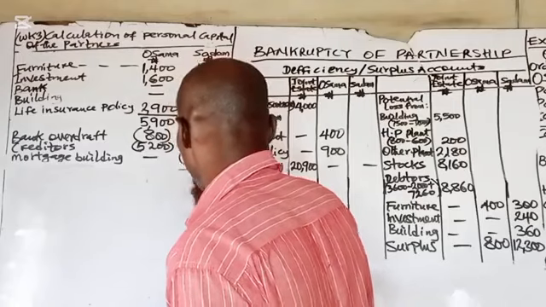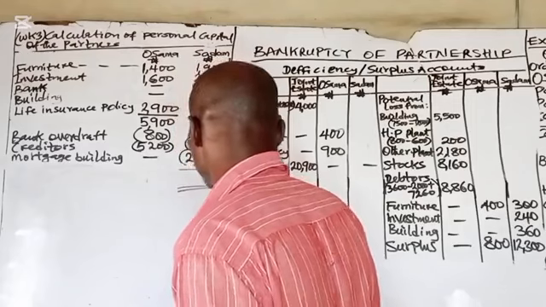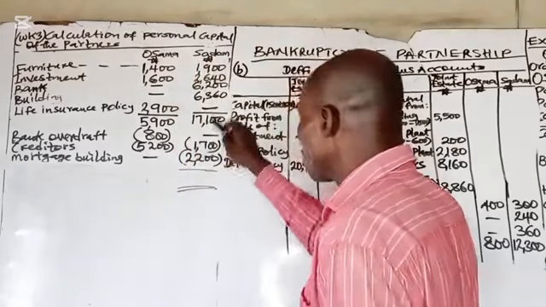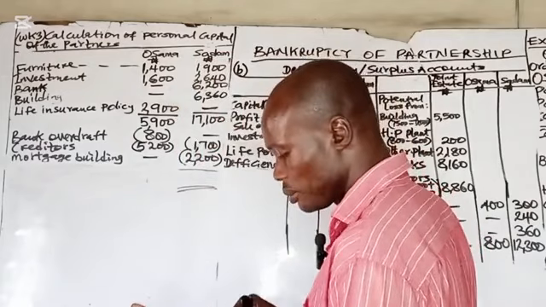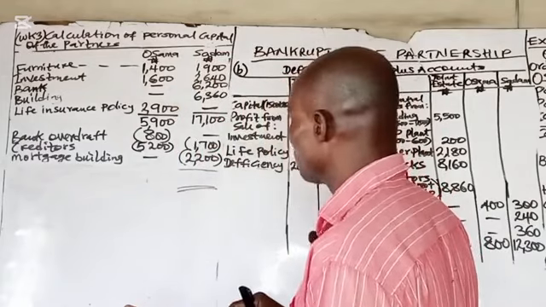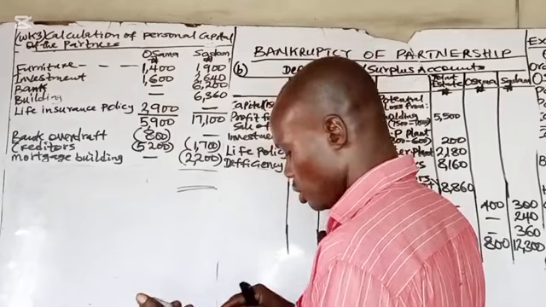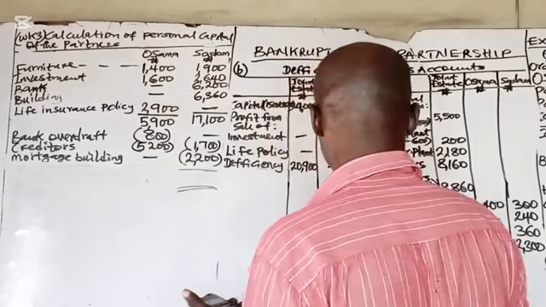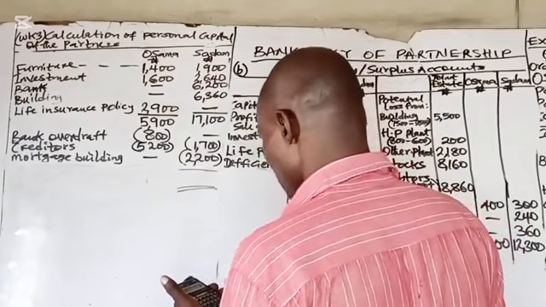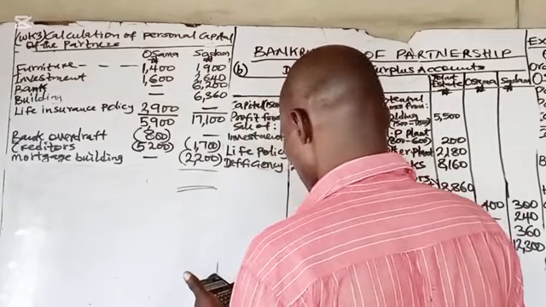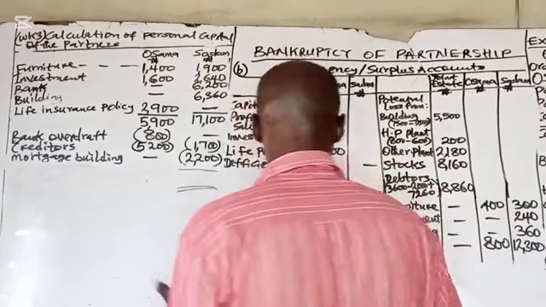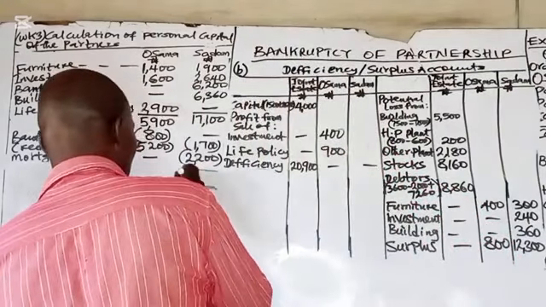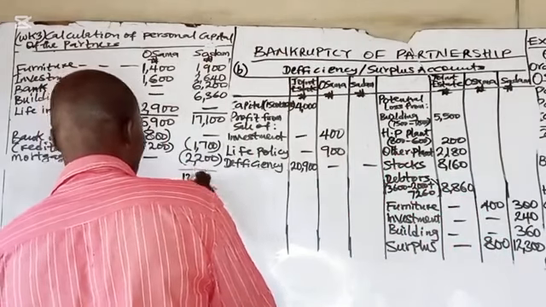Here we have capital. 17,100 minus 1,700 minus 2,200. So we have 13,200.